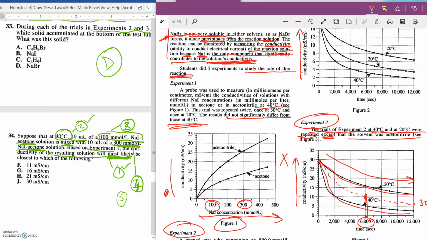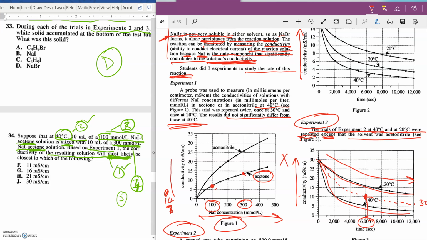All right, and we're looking at acetone. So at 100, it's about 8. And at 300, it's about 14. It's not quite as much. I think it's about 7.5, so it's about 7, and this is about 14. So it would be somewhere between those two.